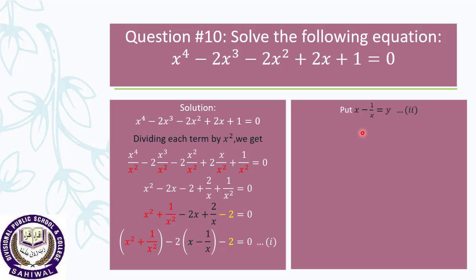Now we put x minus 1 over x equal to y. Squaring both sides, we get x minus 1 over x the whole square is equal to y square. As we know, this can be expanded as x square plus 1 over x square minus 2 equal to y square.